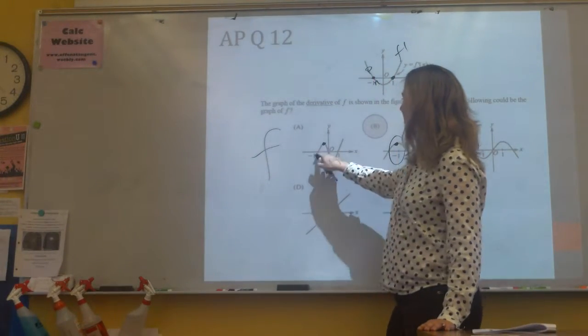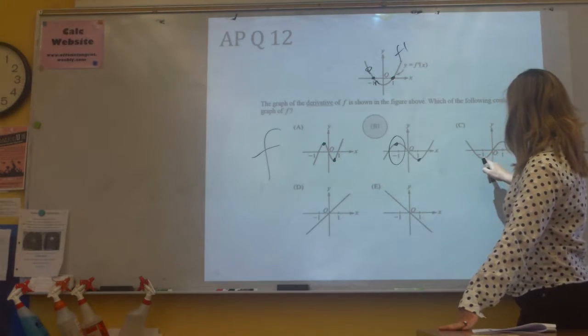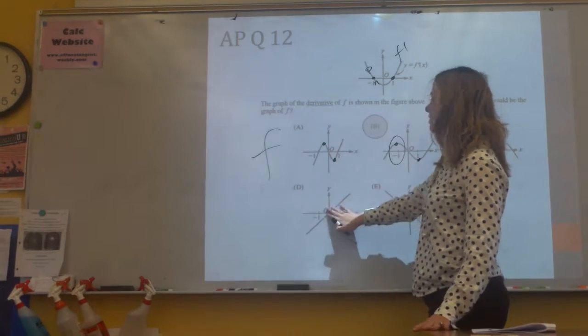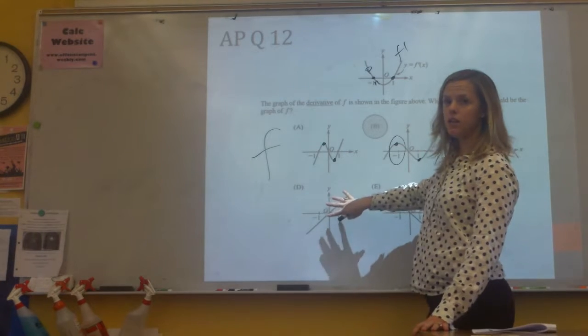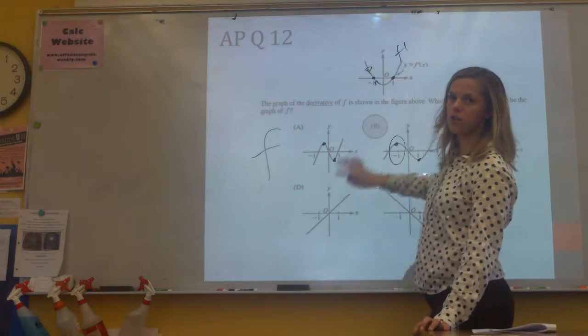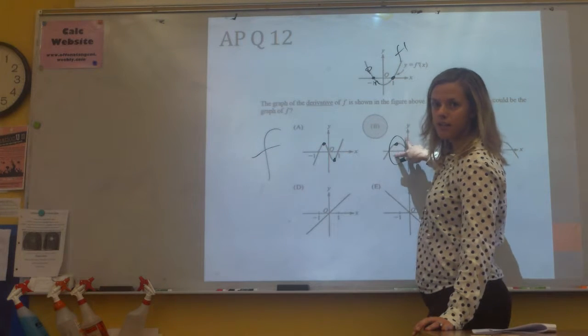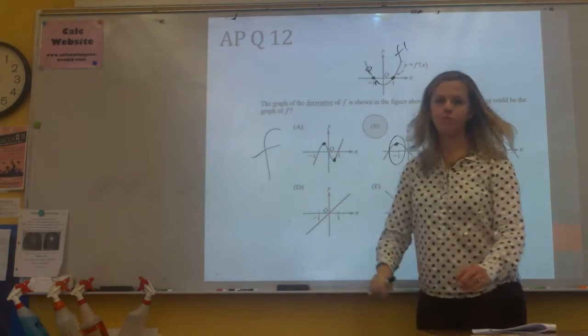That's here. That is not this guy. This would be a relative min. Okay? But it's not these. If you chose D, you figured this was the original function and this was the derivative, which is wrong. B, this guy's the original, that guy's its derivative. Cool.